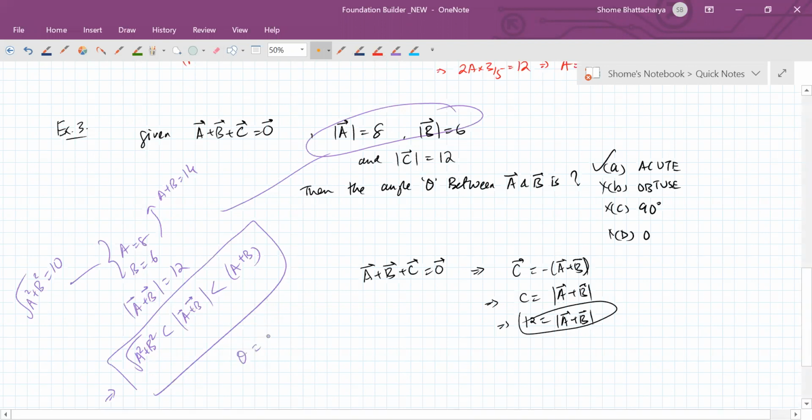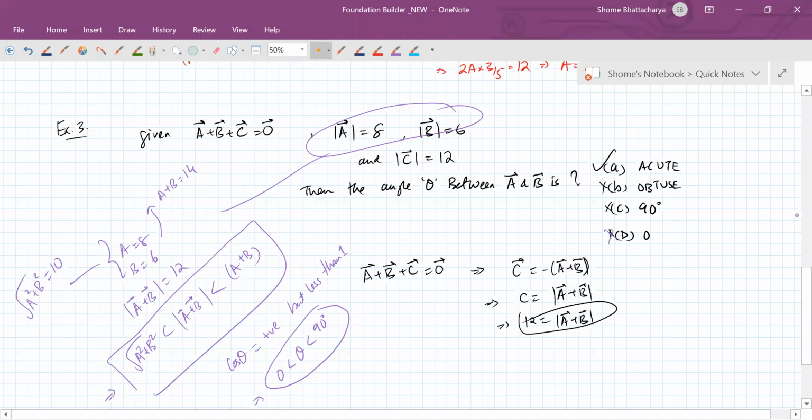So cos theta is positive but less than 1. So that means theta is this kind of thing. It's not 0 but it's an acute angle.